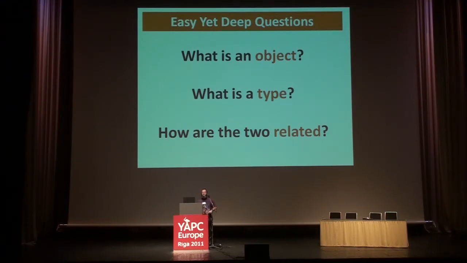If I go to a Java programmer and say, what's an object and what's a type, they'll say, well, an object is an instance of a class, and a type is that thing I write to the left of a variable name. If you go and ask a class programmer, they'll say, well, an object is this thing in memory that we allocate, and it stores the attributes, and a type is defined by its class.